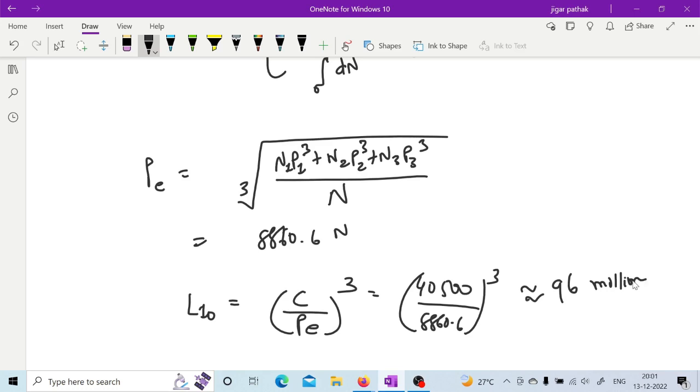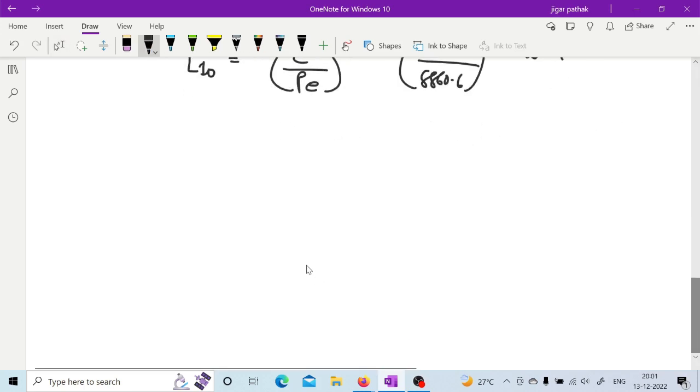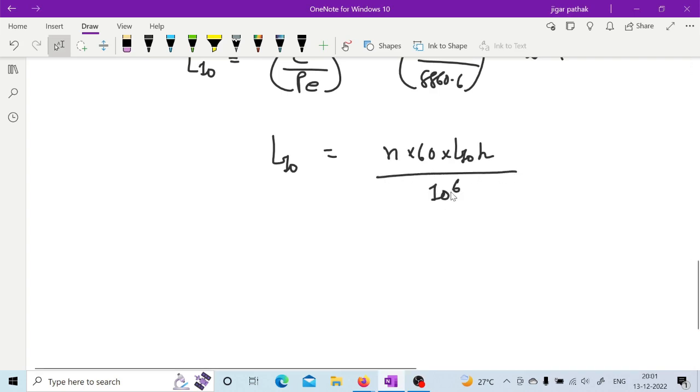Once you have this, you can calculate the L10 in hours. How will you calculate that? L10h is equal to 10⁶ L10 divided by 60 n. Sir, in calculating PE, N1 is 125 and P1 is 5,000?